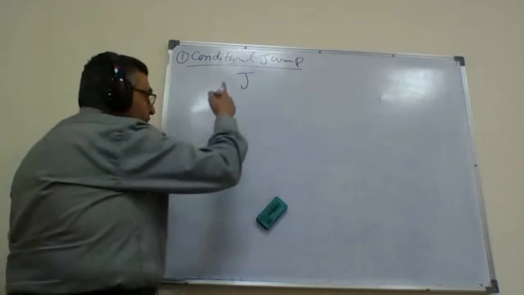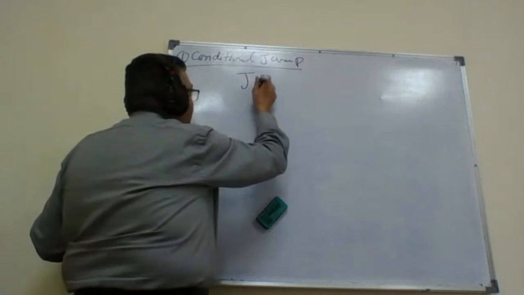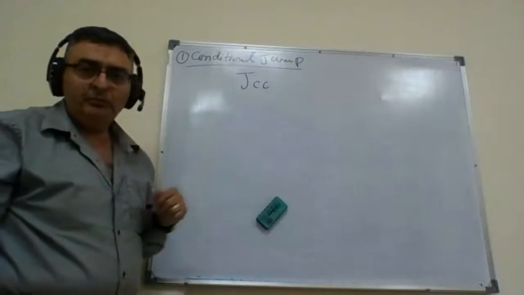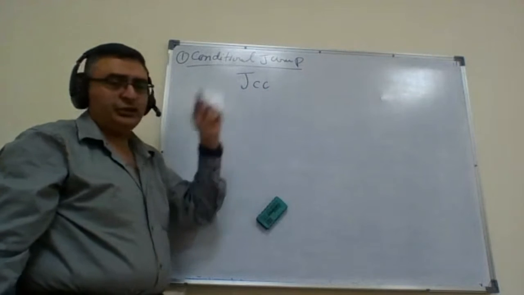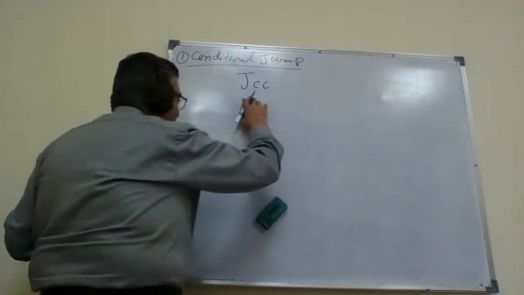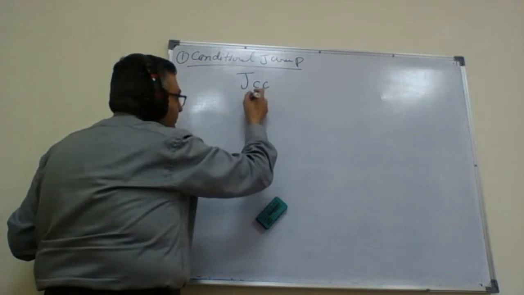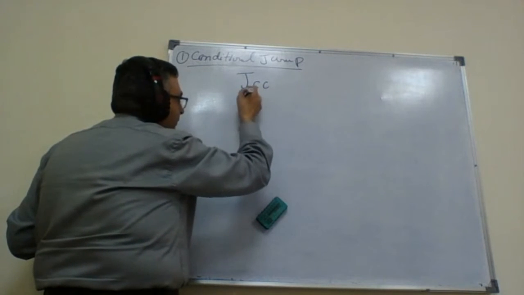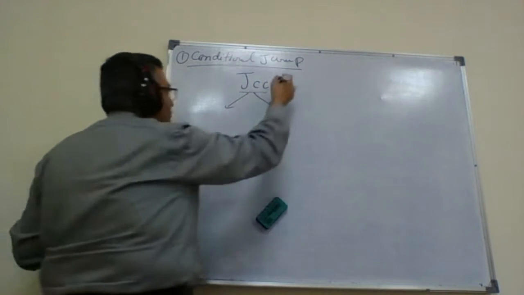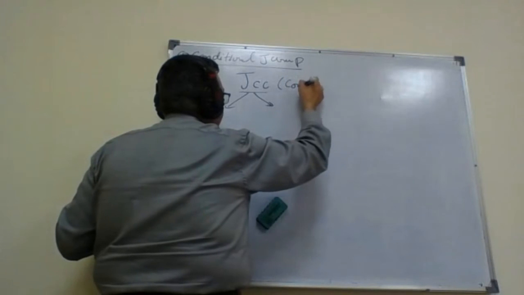Conditional jump instructions jump based on some condition. The conditional jump instruction will check the condition. So we have what's called the condition for the jump.